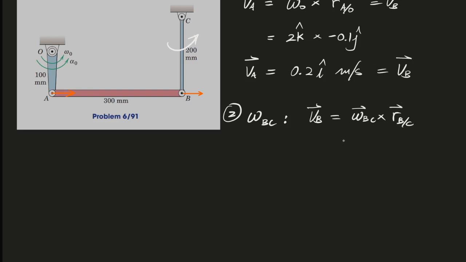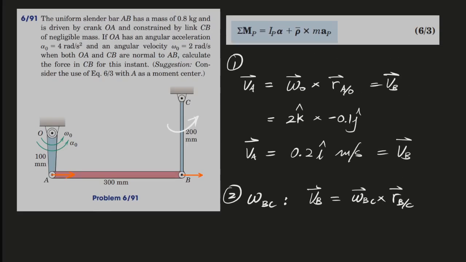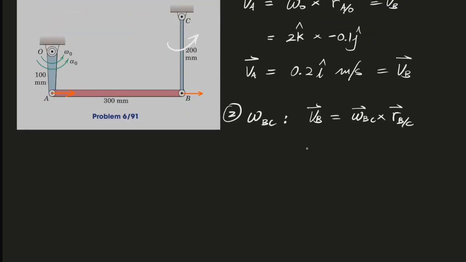Now, it's not very intuitive that we just move this to the other side because it's a cross product, but what we can do intuitively is know that since VB is going to the right, it's going to cause a rotation counterclockwise about C because C is pinned. So I'm going to drop all directions. I'm going to say 0.2 meters per second is VB divided by R of B from C, which is 200 millimeters.